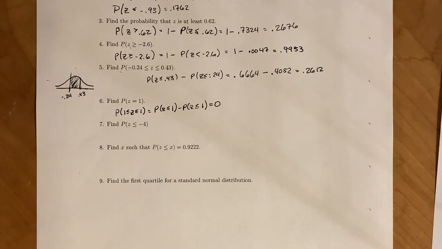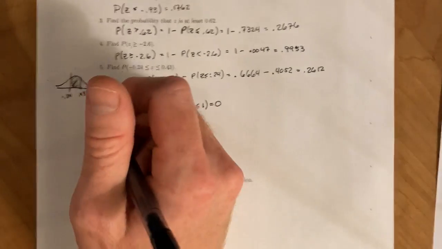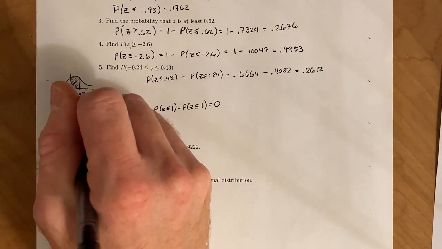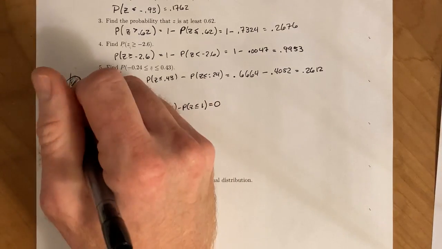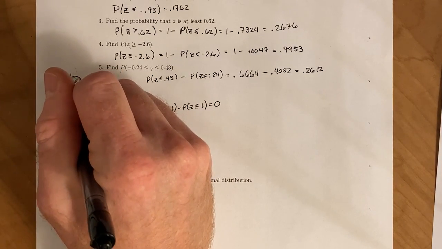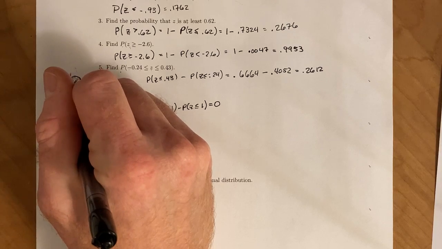That's one way to think about it. The other way to think about it is we're looking for areas under a curve. And if we're looking for just z equals 1, then we are looking at just essentially calculating, here's the number 1, we need to figure out the area of this line segment.